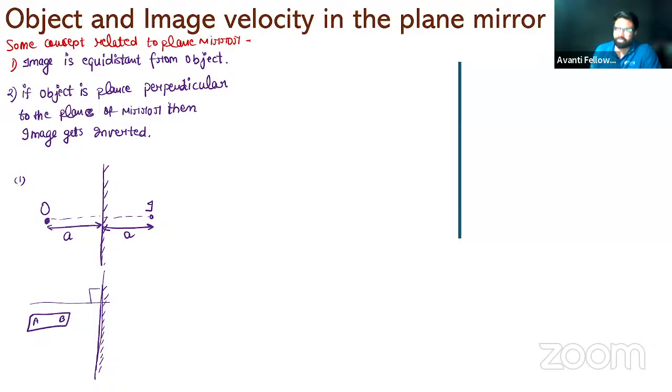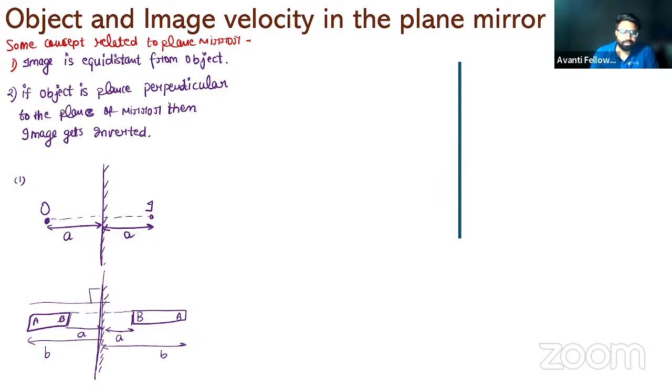For the formation of the image, what you have to do is just measure the distance of this point, which is, let's say, A, then this point is at equal distance from this mirror. The image will be here, and the rest of the image will be like this. If A is related to this point, this is also this point B, which means from here to here you can see, the image of B also got inverted.